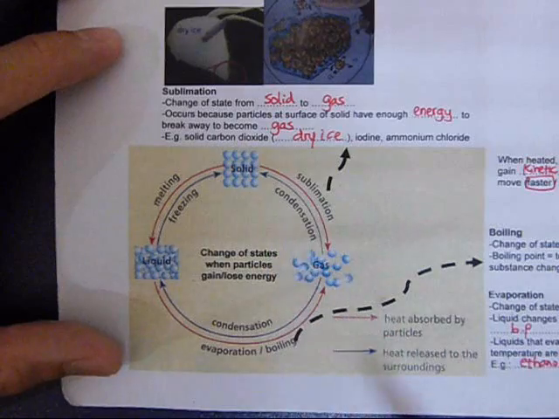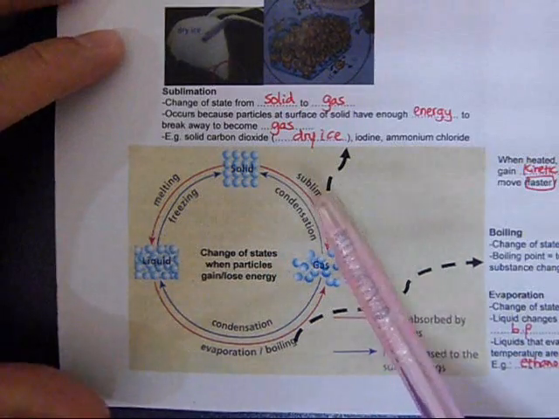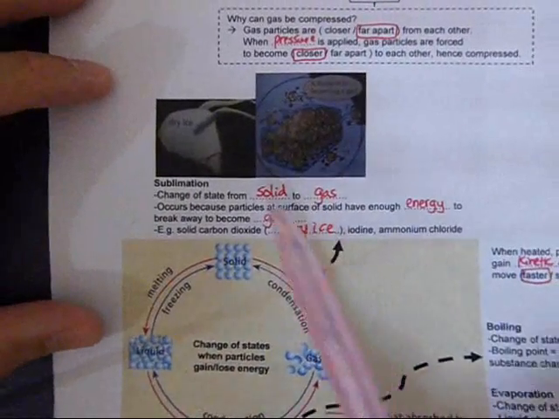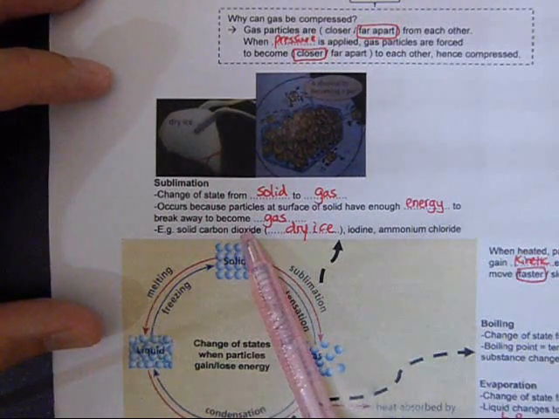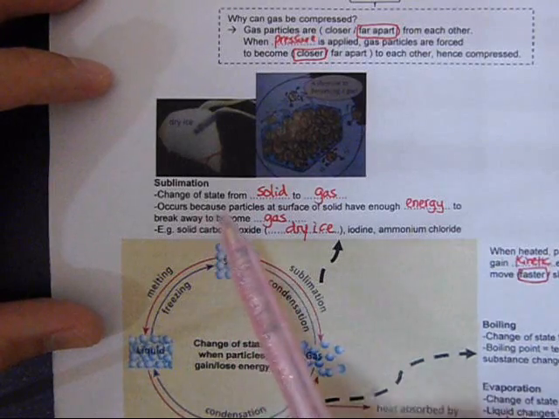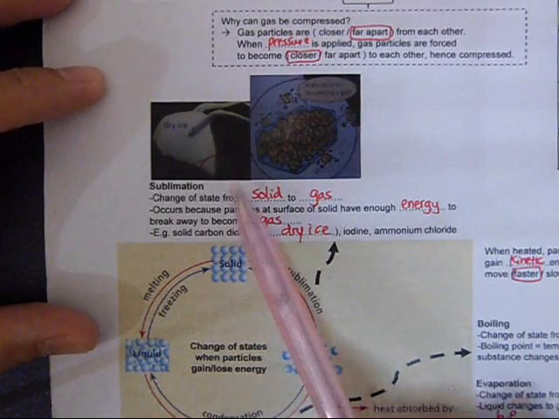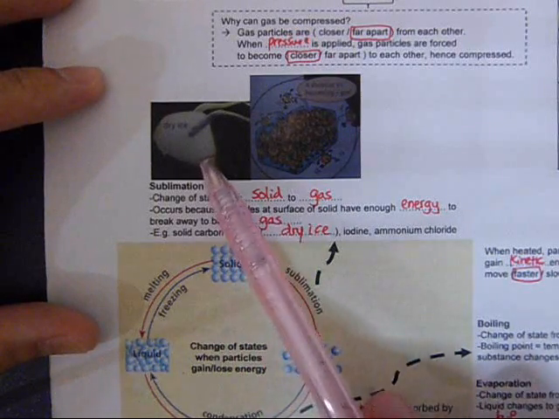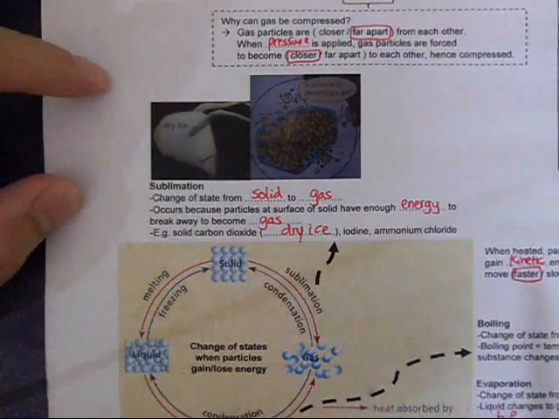Gas to solid is also called condensation. Now, one example for sublimation is dry ice, or solid carbon dioxide. It is a solid, and when it is exposed to air, it will change from solid to gas.